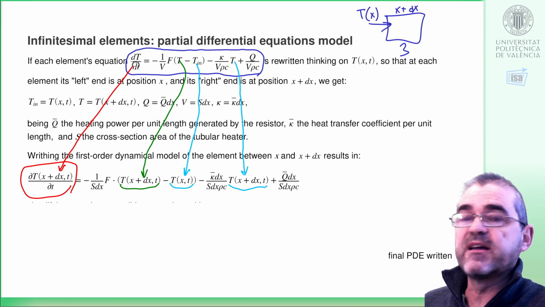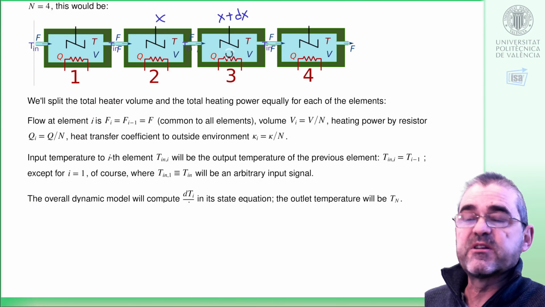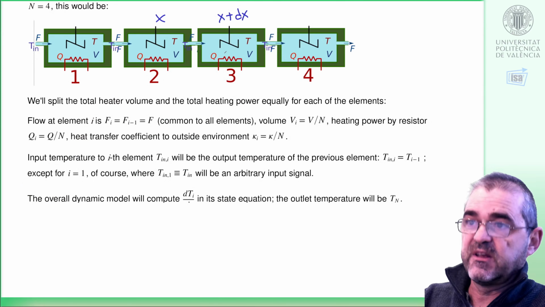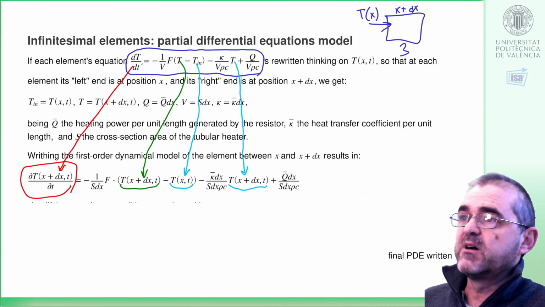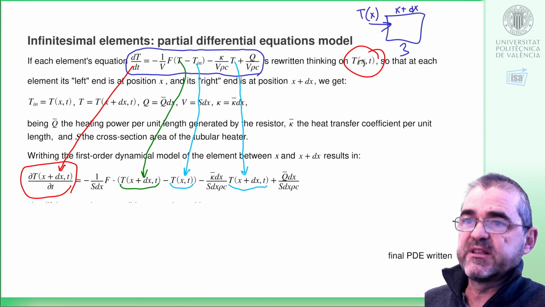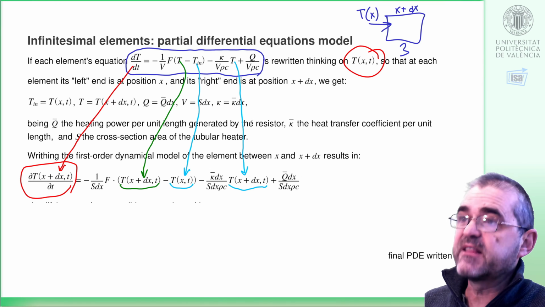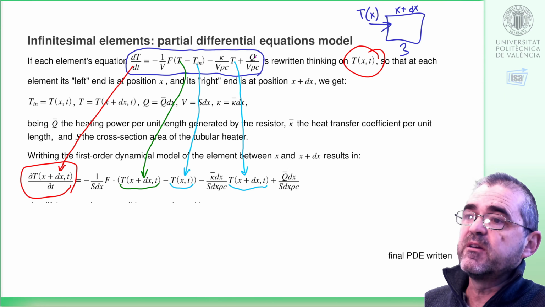We had a discrete element, so this was an ordinary derivative of the temperature of the third element in a fourth order system, but when we now change to thinking of this function of two arguments, then we need to change the notation to partial derivatives.